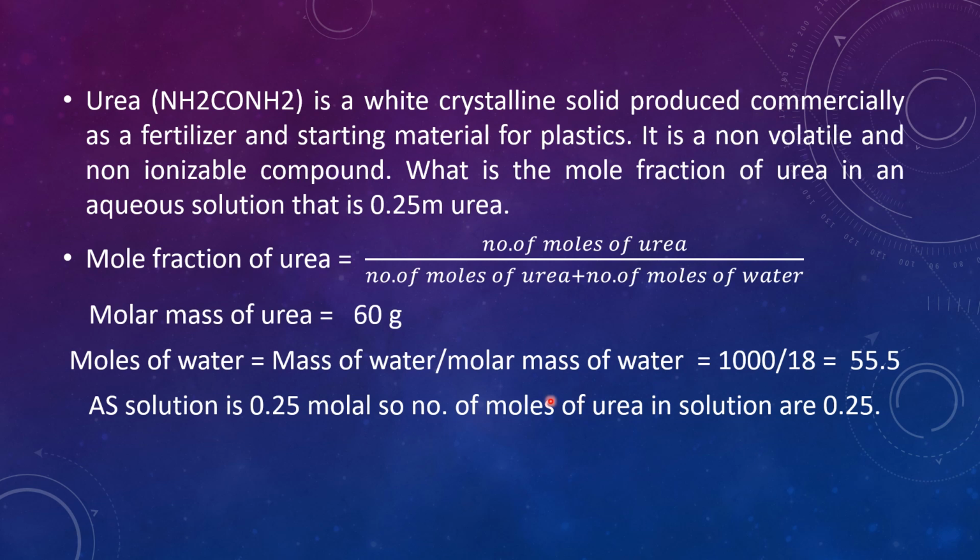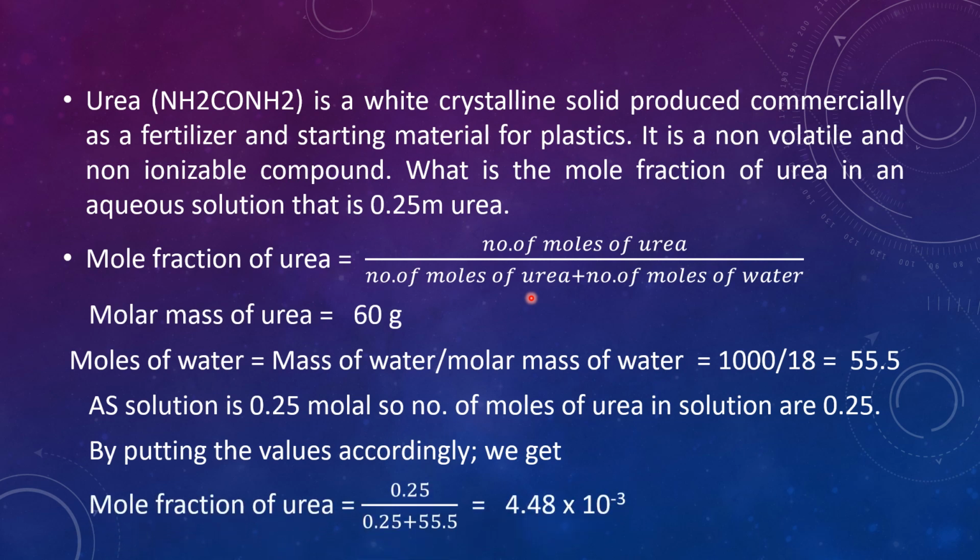When we put these values in the formula, the mole fraction of urea is equal to 0.25 divided by 0.25 plus 55.5. When we solve this, we will get the mole fraction of urea.